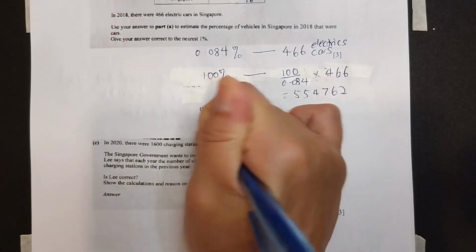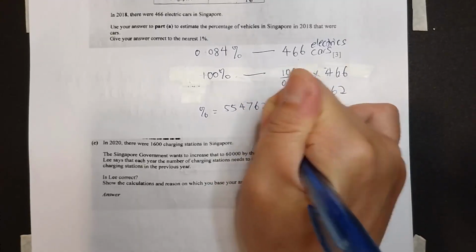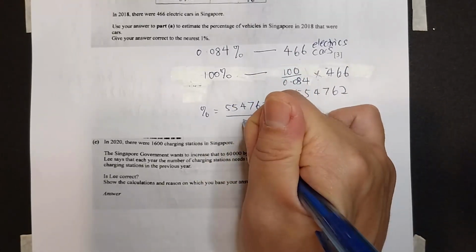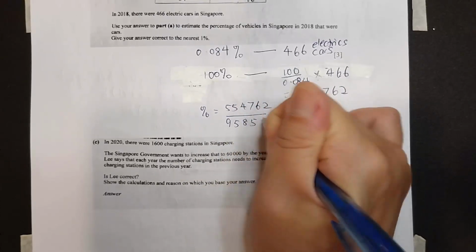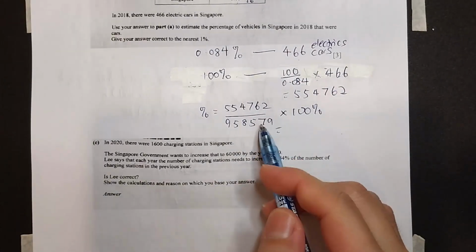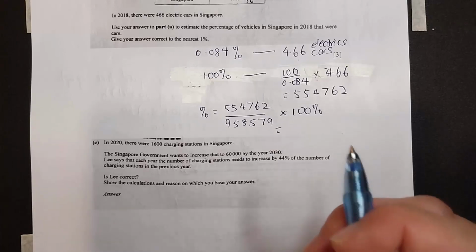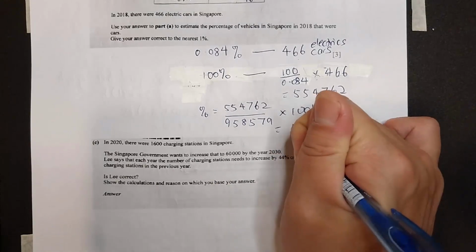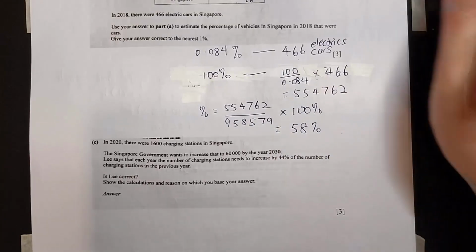So we have 55,462 out of, just now the population of vehicles in the previous part was 958,579. So we multiply by 100%, and that will give us cars over total vehicles. And it will be 57.8%. To the nearest percentage, we will have 58%.